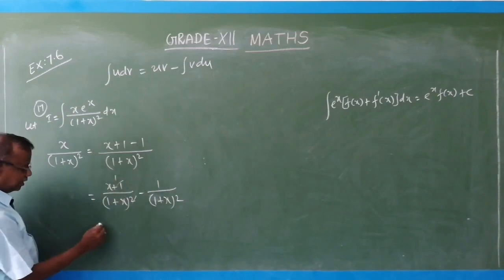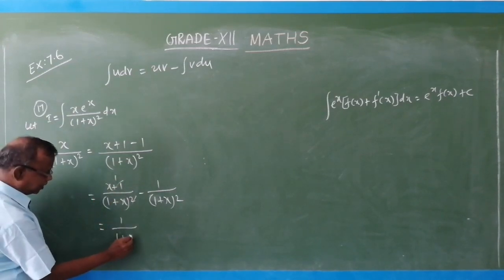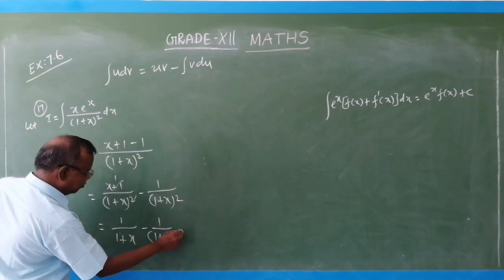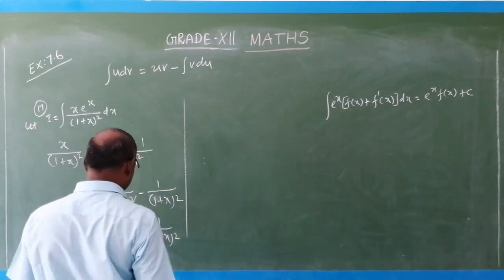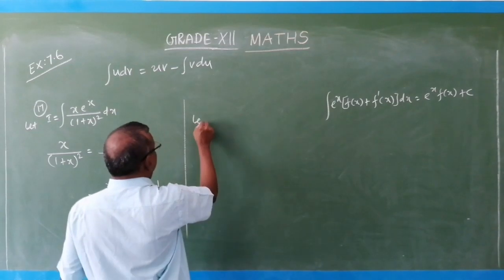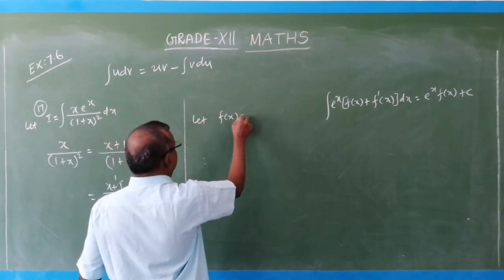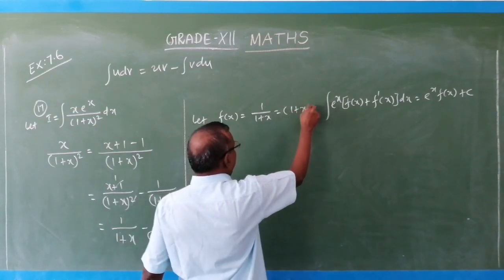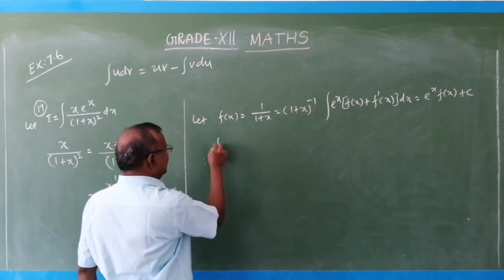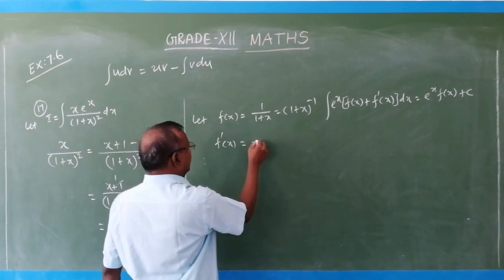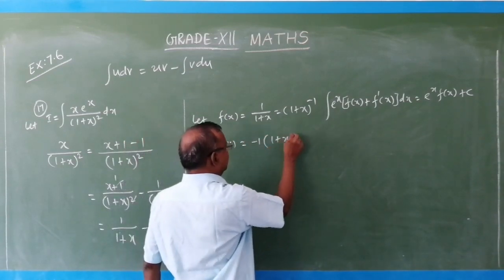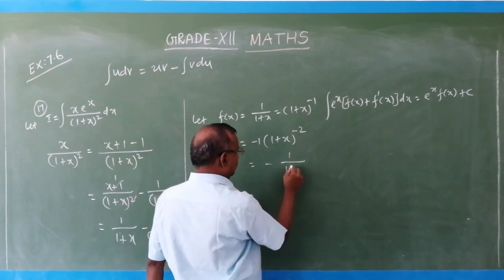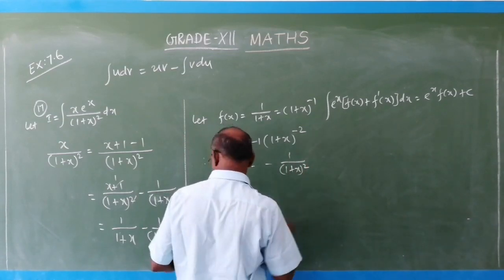This is nothing but 1 by (1 plus x) minus 1 by (1 plus x) the whole square. Now, let f of x equal to 1 by 1 plus x, that is equal to (1 plus x) whole power minus 1. So, f dash of x equal to minus 1 into (1 plus x) whole power minus 2, that is minus 1 by (1 plus x) the whole square.